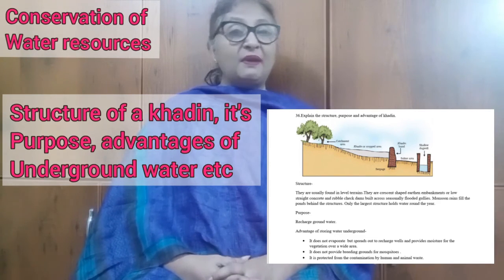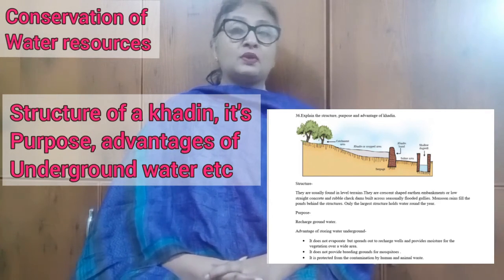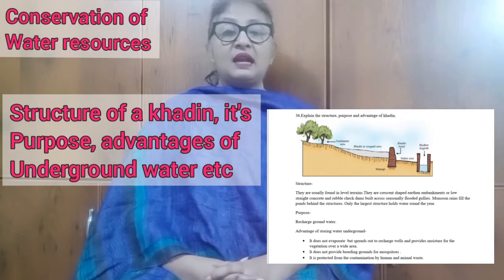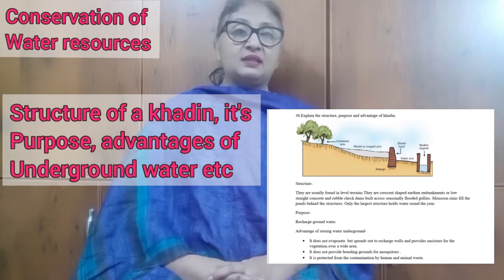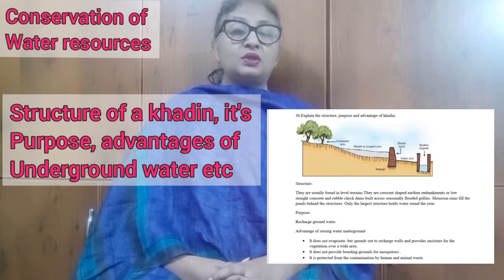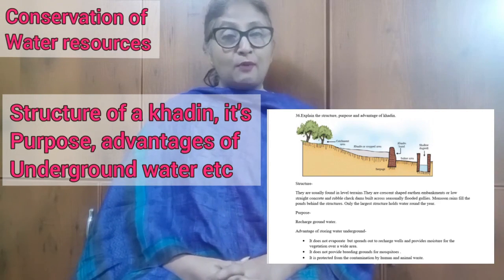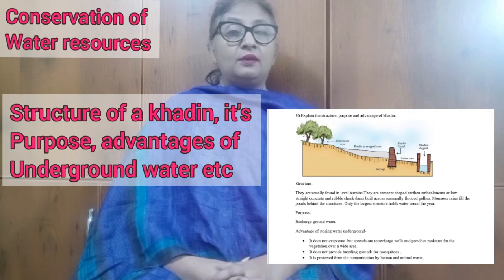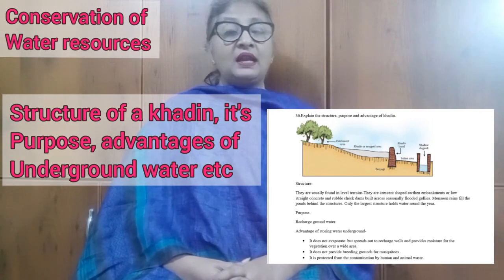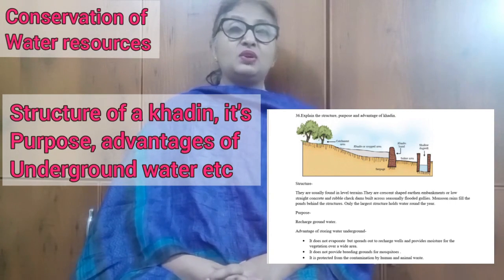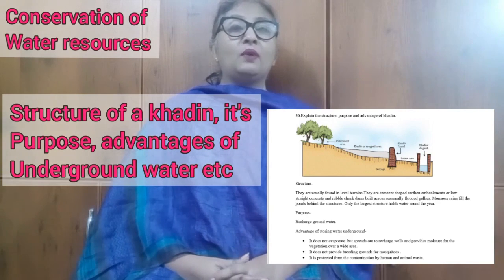Not only this, it prevents the breeding of mosquitoes because the water is covered, it is not exposed, and contamination is also limited. That is contamination from animal and plant waste is also limited. So, groundwater is always advantageous because it provides moisture to the vegetation cover, increases the groundwater level, does not encourage the breeding of mosquitoes, and the contamination rate is also comparatively lower.